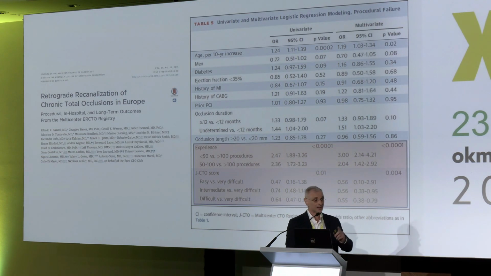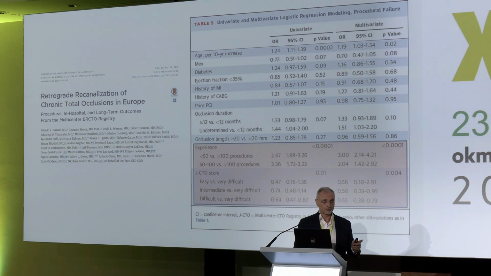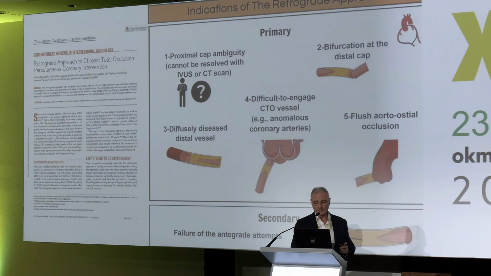And it comes to the other point now. Again, from data back in 2015, European data, the more experienced the operator, the higher the success rate and the lower the complication rates. The more you do, the better you get. Not only the efficacy, but also the safety.